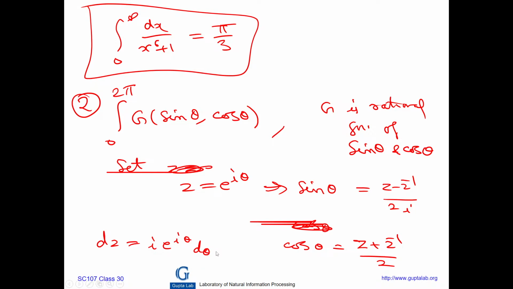So whenever we are given a rational function between sine and cosine, I just do these substitutions, and then let us take an example.